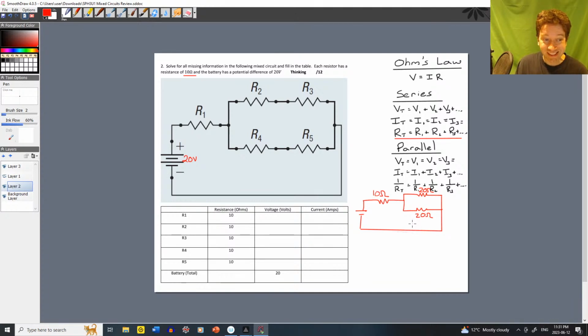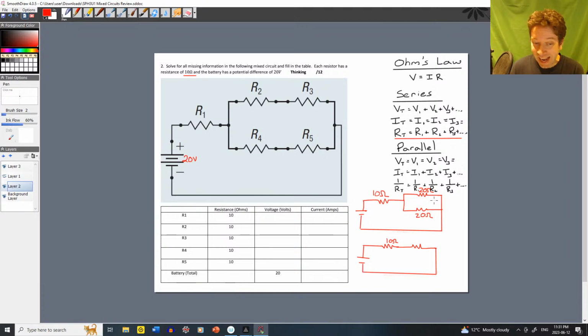So to make it a simple circuit, we can take these two resistors and connect them to form one equivalent resistance. And when we do that, this one is 10 ohms. That doesn't change. And then we will replace these with one resistor. So that leaves us with a simple series circuit that we can solve.